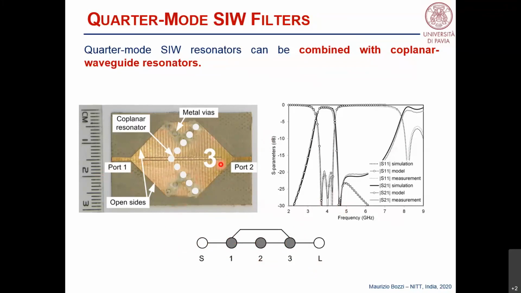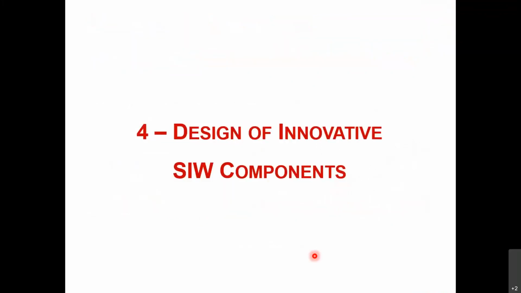It's less than half wavelength, and we have 3 poles and 1 transmission zero. So we have different solutions to miniaturize the structure, and we can, of course, obtain different filters, different structures in this way.